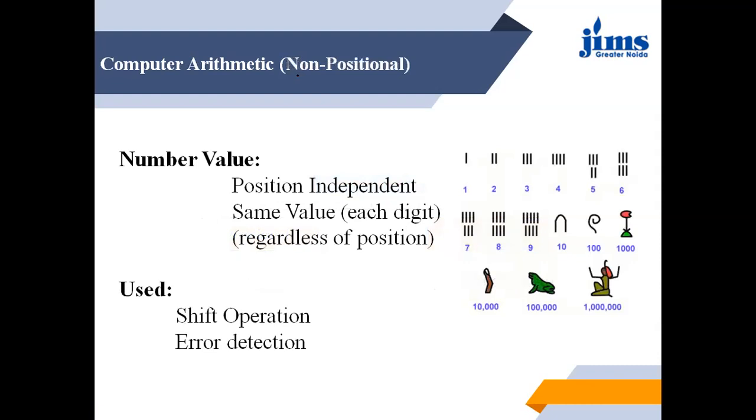In the non-positional number system, as the name suggests, the value of a number does not depend on the position, meaning it is position independent, and the value of each digit is the same at any position. For example, suppose this represents 1, and this is also 1, this is also 1, this is also 1.